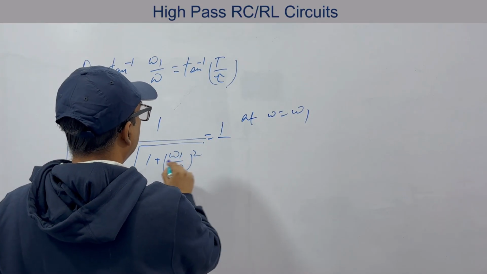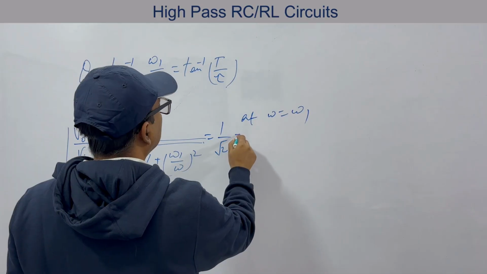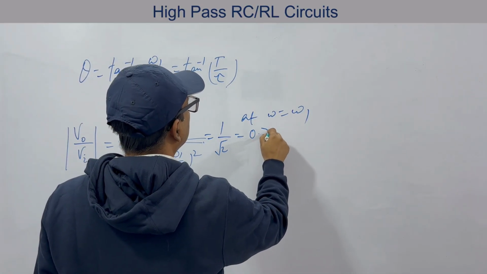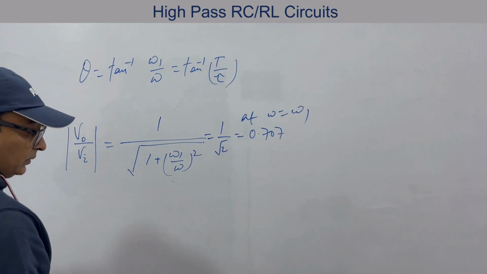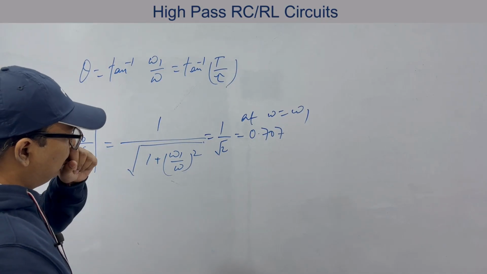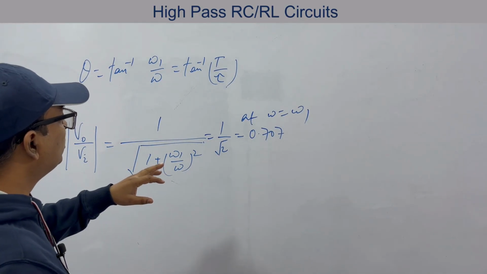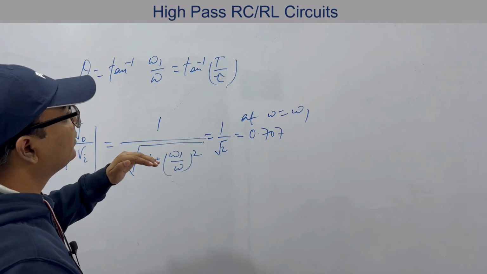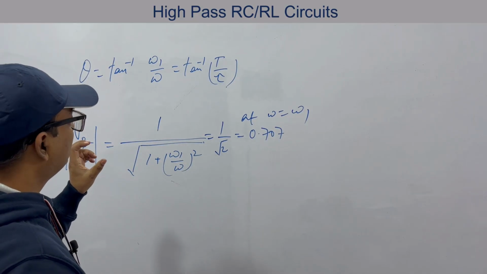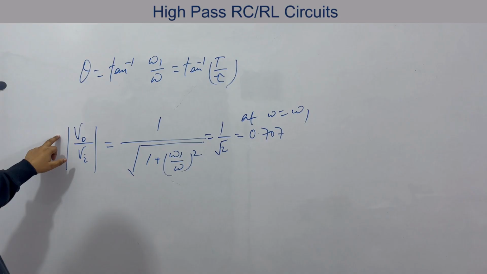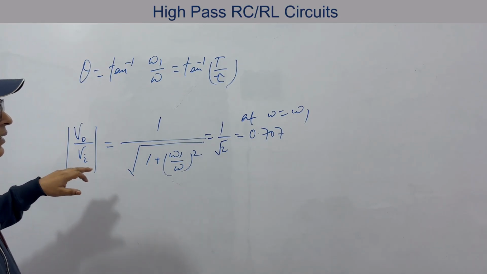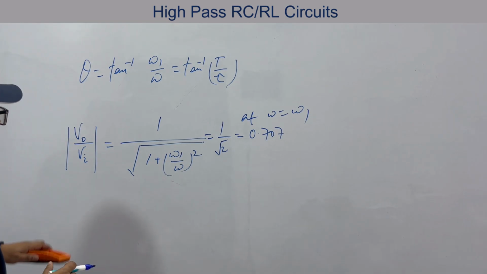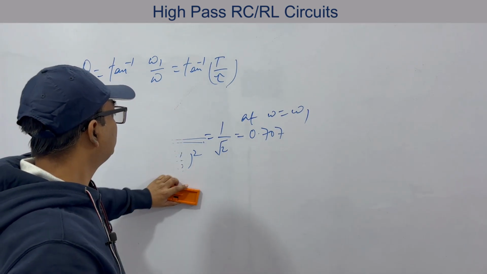You will get 1 by root 2, that is 0.707. This is also called 3 dB value. At omega equal to omega 1, 0.707, that is the output gain with respect to input will be 0.707. We will draw a figure and then we will understand its meaning.